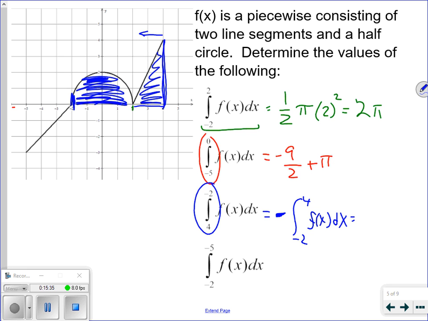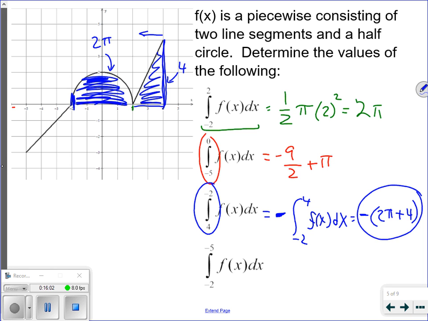So 2 times 4 is 8. 8 divided by 2 is 4. So this is 4. So we got 4, and we got 2 pi. So the area would be 2 pi plus 4. But it's negative. So negative 2 pi plus 4. And you can leave it that way. You can distribute the negative, but there you go.